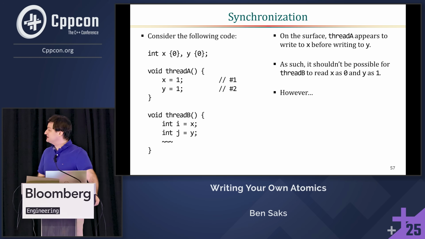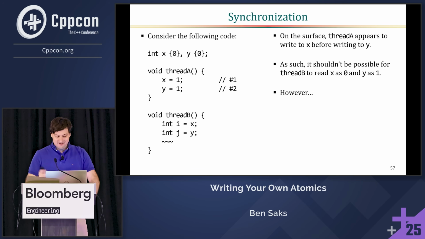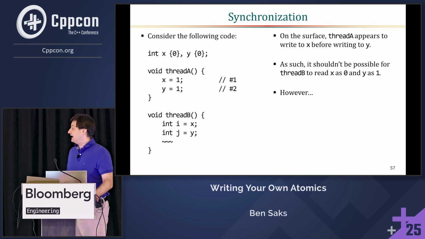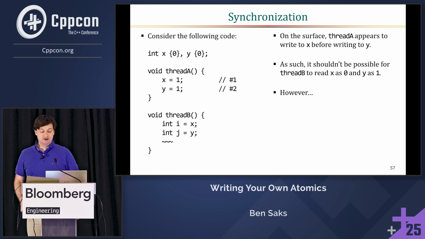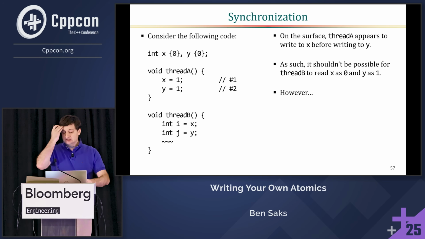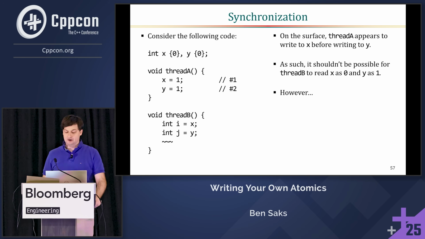So in a situation like this, for example, thread A is writing to both X and Y. And then thread B is reading from X and Y into local variables I and J. And because X and Y start out as 0, and then thread A is writing them to 1, looking at this code on the surface of it, you would say, well, there's no way that thread B should read X as 0 and Y as 1, because the write to X should happen first. It certainly looks that way from the code.